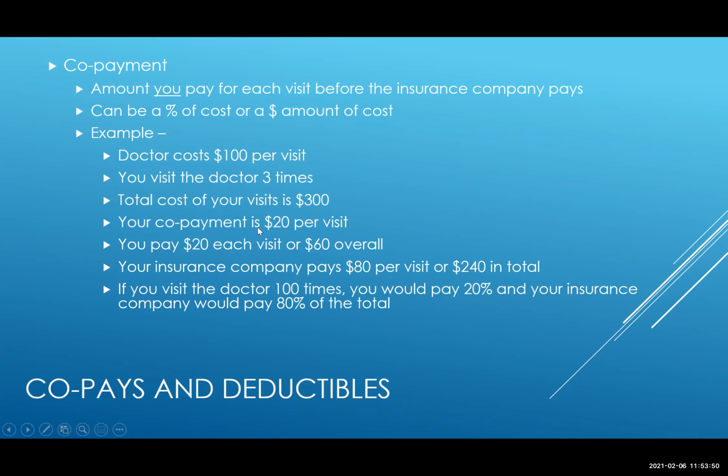Your copayment is, or that's the total amount of your cost. Your copayment, this is your out-of-pocket, sorry, got that backwards, is $20 per visit. So you pay $20 each visit or $60 overall. Your insurance company pays the rest, that 80% per visit, or a total of $240.